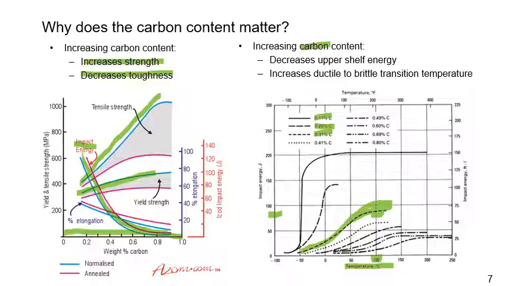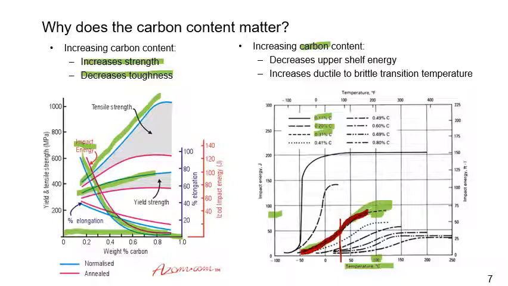Now, as I move down that curve, let me change colors, and I start trying to break my steel sample at lower and lower temperatures, when I get past about, let's say, 25 degrees C, now I'm below 50 joules. Now I'm getting into more brittle behavior, which is typical of steels. And I don't want that.